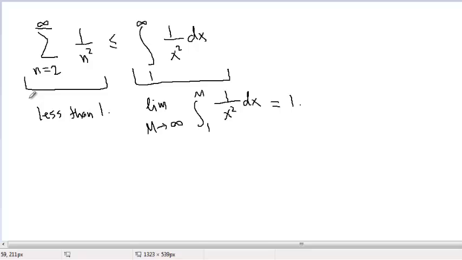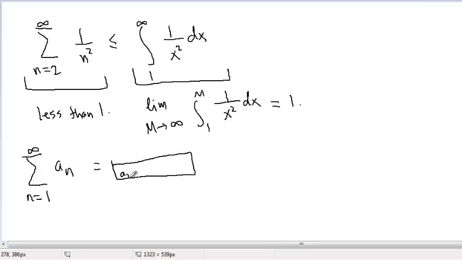Remember earlier when we talked about the general setup, we said we have a sum like this, summation from 1 to infinity of a sub n, and when we separate the first k terms, namely the sum from a1 up to a sub k, then the remainder was summation from k plus 1 to infinity of a sub n, right?